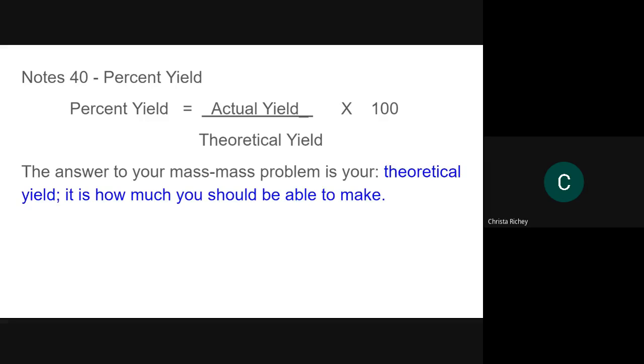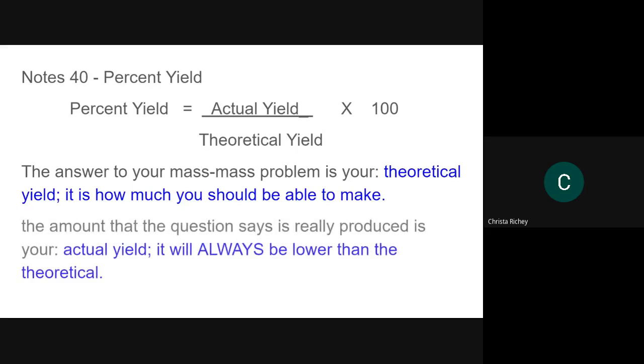So when we do this 3-step math, that's how much you should be able to make. That is a theoretical yield. If you're perfect, you measure everything out perfectly, and you don't spill anything, and there's not anything stuck on the inside of the container, which we're not perfect, it's called human error. But if you're 100% perfect, then you're going to be able to make 100% of what you should be able to.